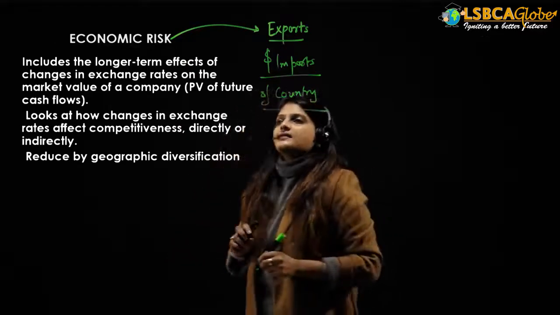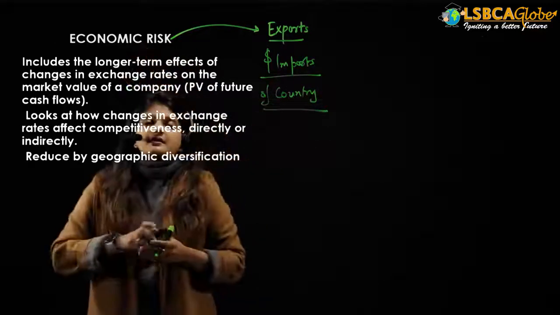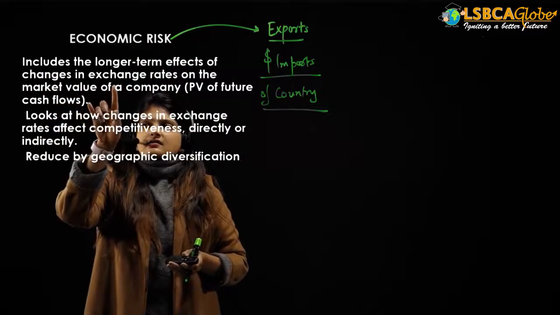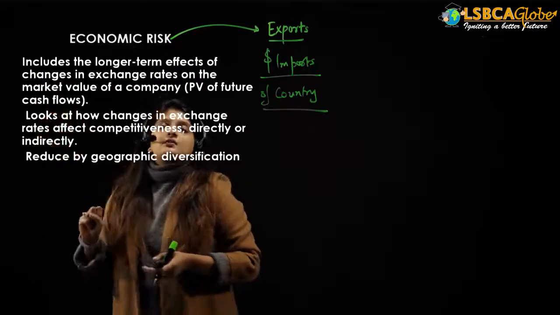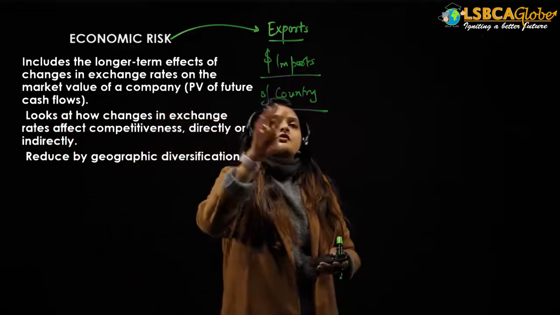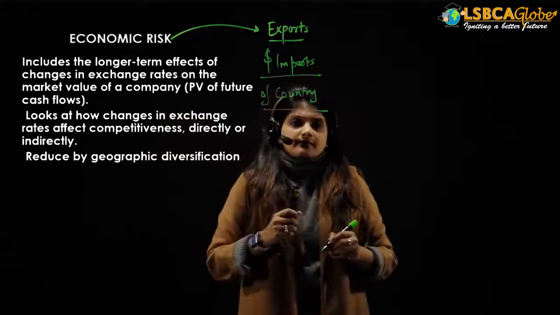That is known as economic risk. So under economic risk, we see the effect of change in exchange rates and what impact it will have on the overall economy of the country.